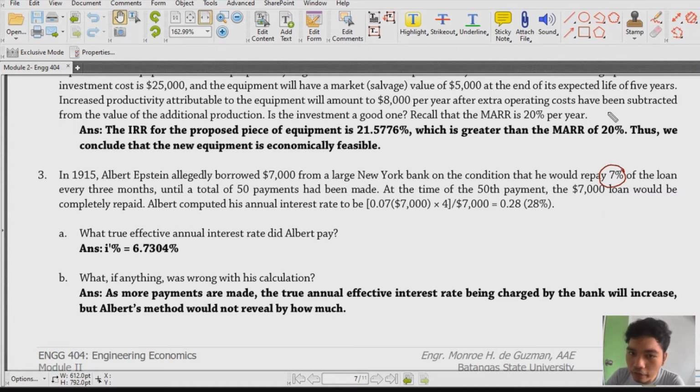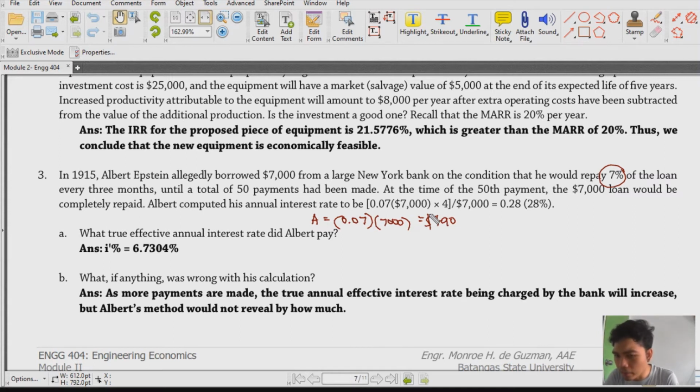Now, considering yung ating 7% of the loan, we could say na yung kanyang payments would always be 0.07 times the original, so that's 7,000. This gives us $490 na binabayad niya every 3 months. Now, basically, kung i-check natin, 490 siya all throughout the 50 payments, and mind you, yung 490 na yan, you just need to actually have 14 payments para mabayaran talaga yung ni-loan, or 15 payments.